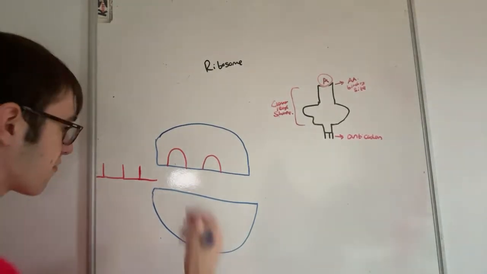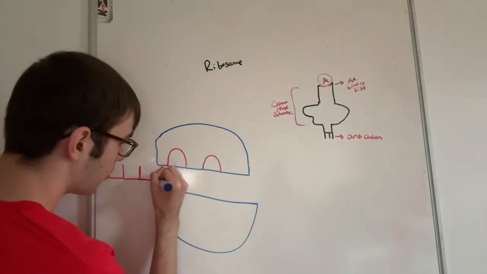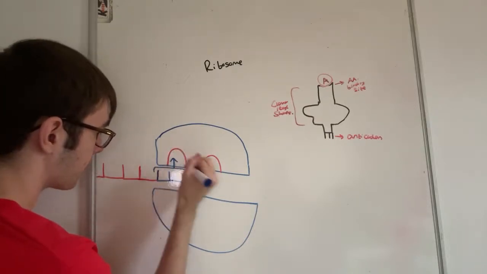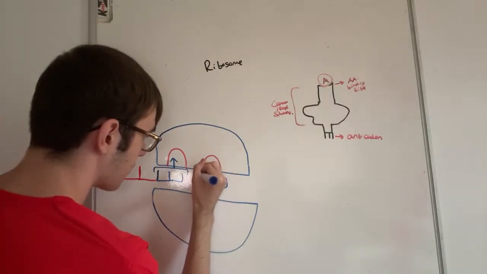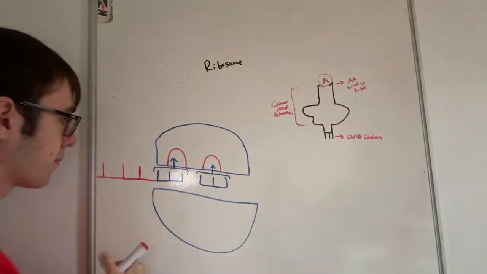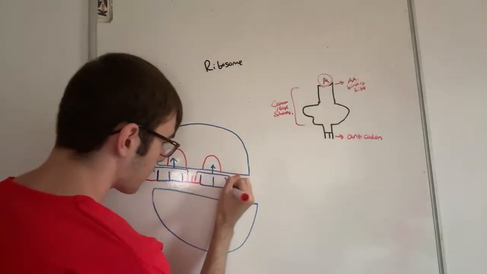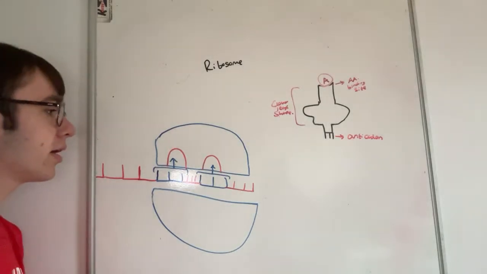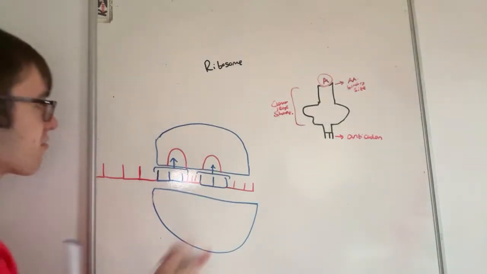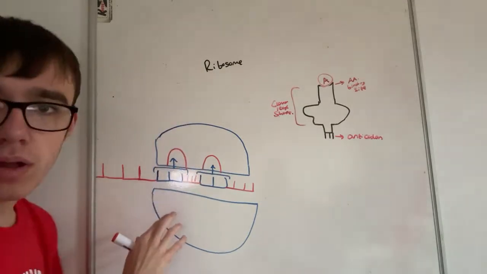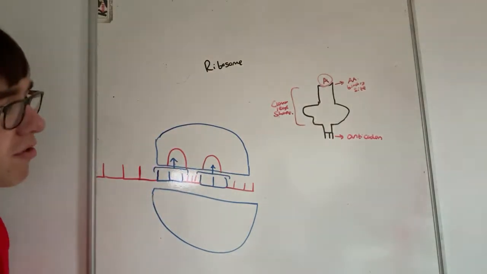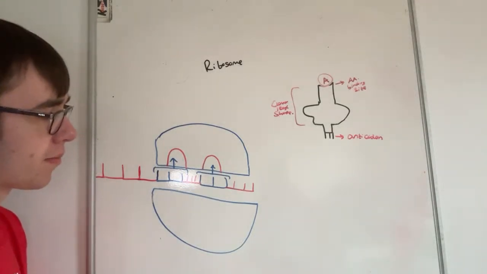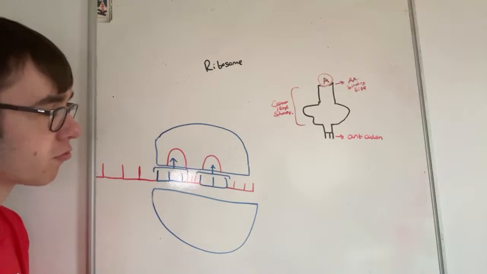The idea is that only one triplet will be read at a time. Only one triplet is being read at a time by the ribosome. Okay, now I'm really struggling to word this. Okay, the RNA strand will be fed through the ribosome. Each triplet will be read.